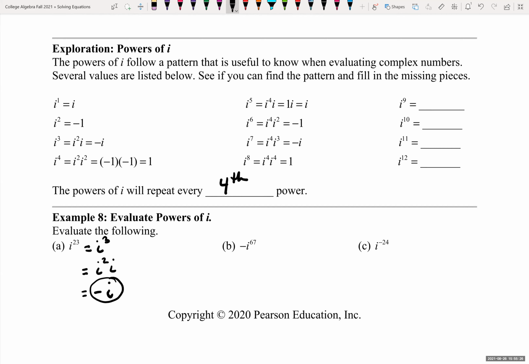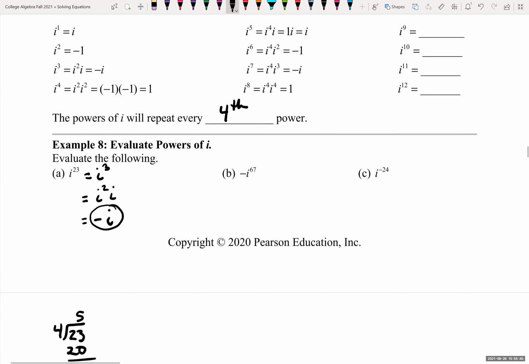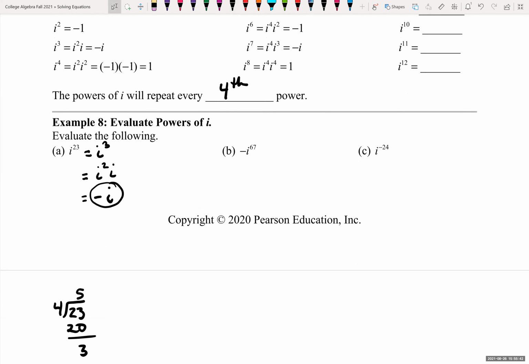And so same idea here, negative i to the 67th. Well, 67 is higher than the power of 4, so I want to look at the remainder of 4 into 67. Be careful because of this negative out front. That negative is not being affected by that 67th power. So this is really negative times i to the 67th. And so I want to look at how many times 4 goes into 67.